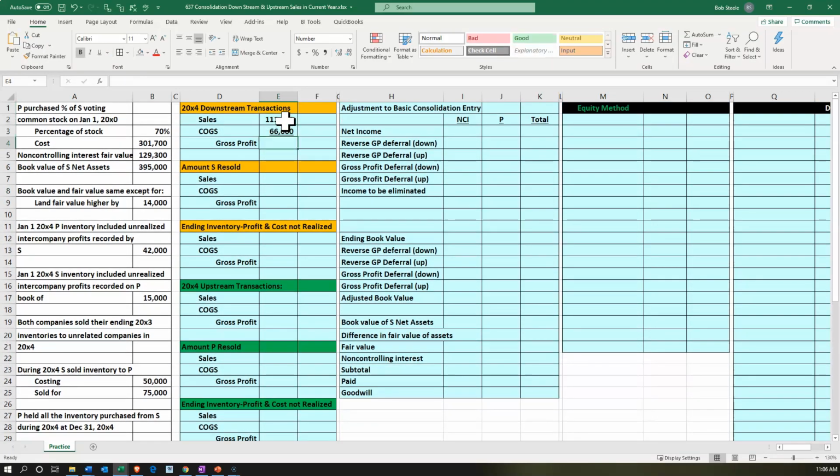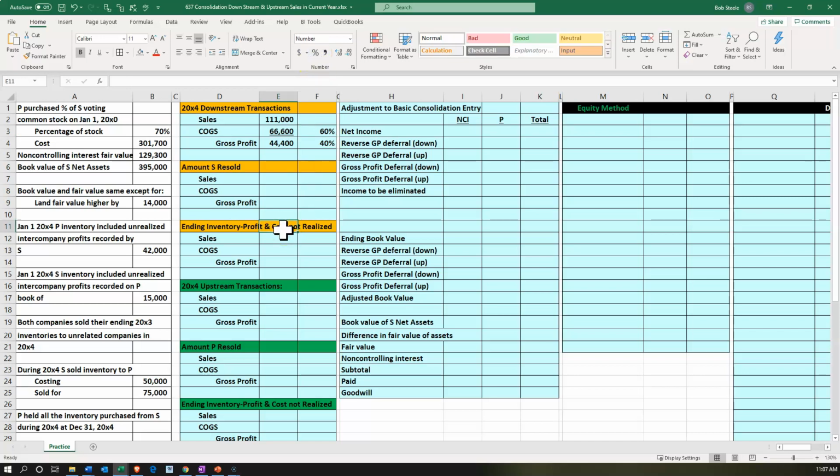The difference between those two is going to be 44.4. Now we could calculate the gross profit percentage too: this number divided by this number is going to be 40%. Or we could take the cost of goods sold percentage, this number divided by this number, which is going to be the 60%. I'm going to make this a percentage as well.